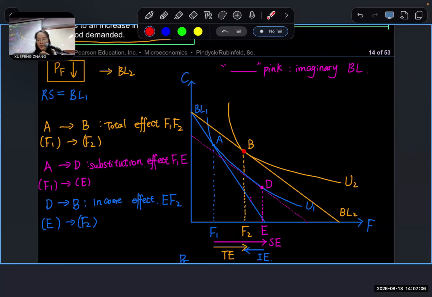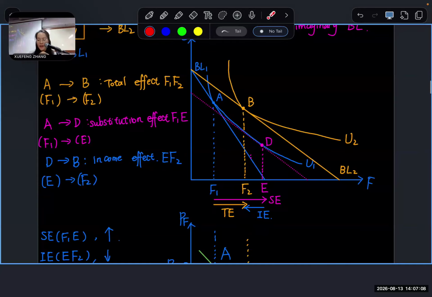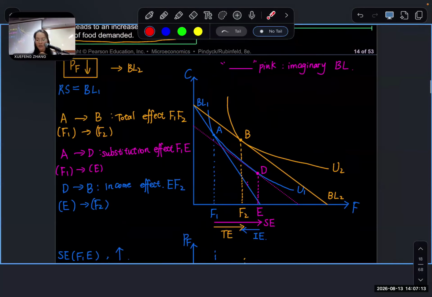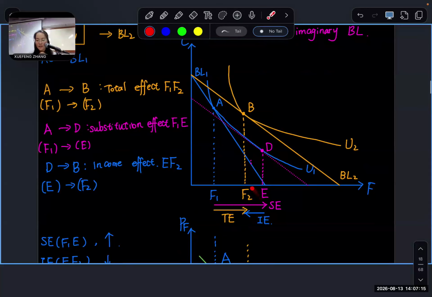From D to B, this is the income effect. You can check later by yourself. In the exam, please show me where is the substitution effect, where is the income effect, where is the total effect.